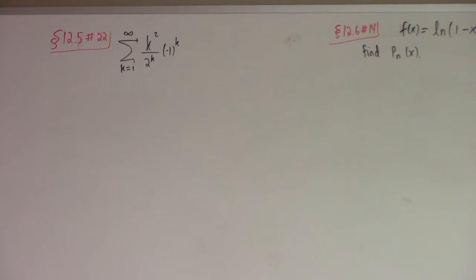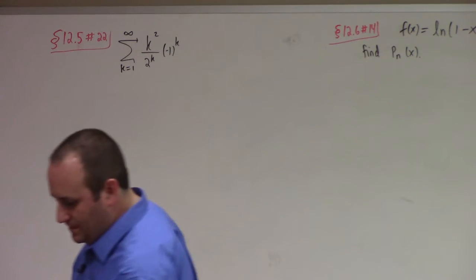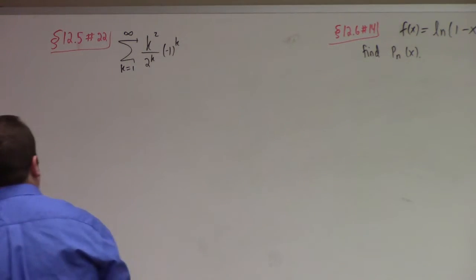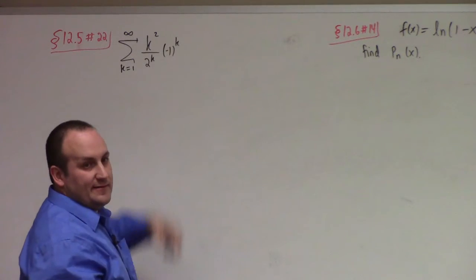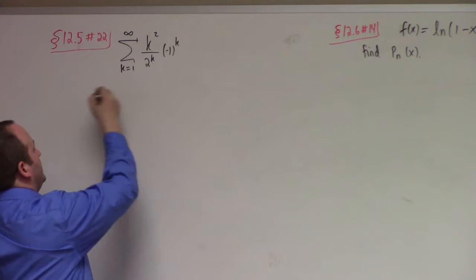It's like, oh, it's alternating. Well, of course it's alternating, it's in the alternating series section. But if you can imagine yourself outside the box, facing this problem on the open field of battle, you would recognize it as alternating because it's got this (-1)^k in it. So we have to recognize that this is an alternating series.